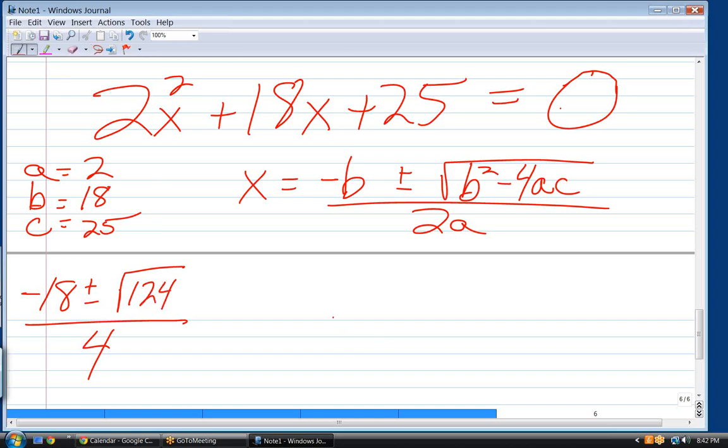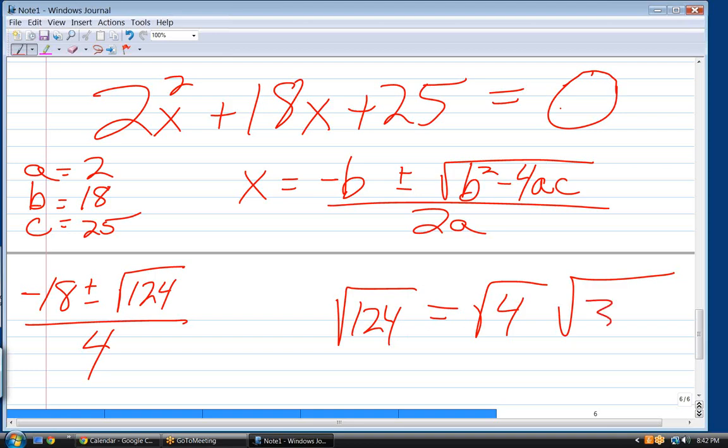Okay? So square root of 124 would be square root of 4 times whatever's left when you divide it into it, which is 31, which means it simplifies to 2 root 31. So let's go back up here and change it to 2 root 31.